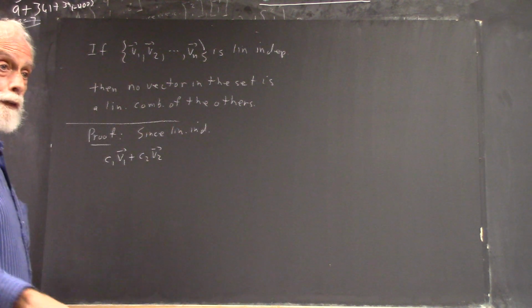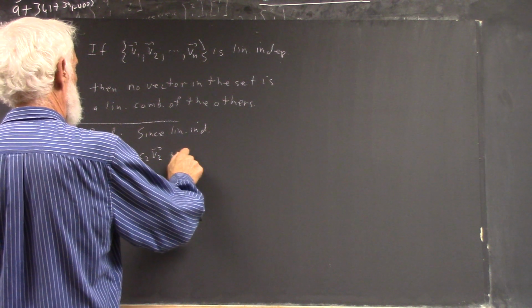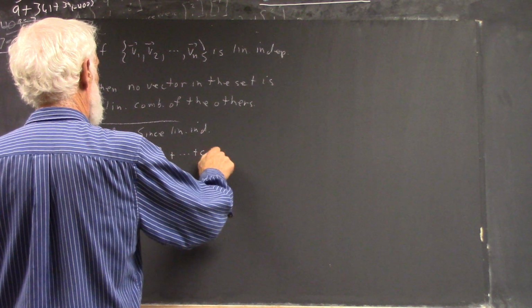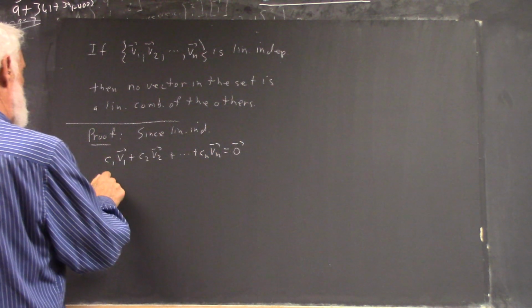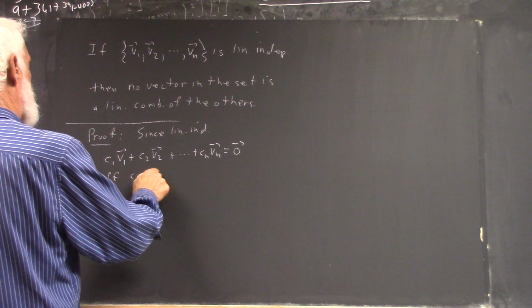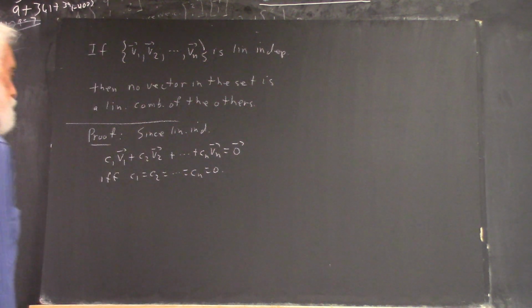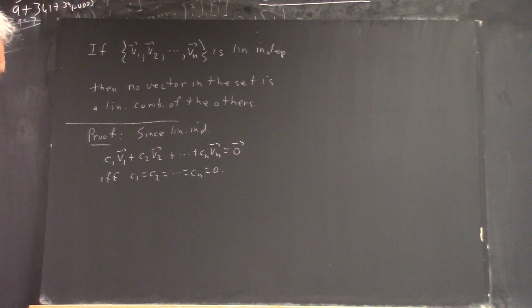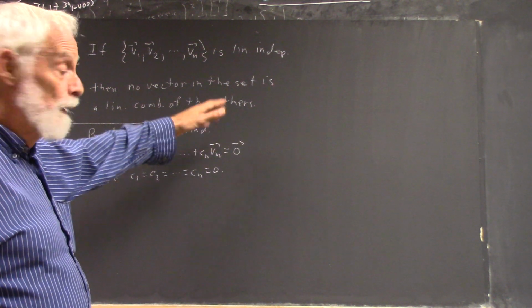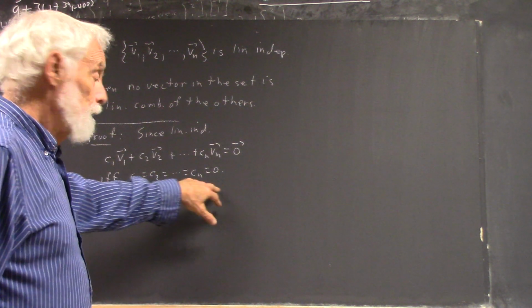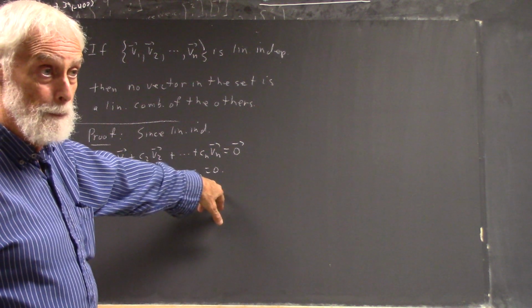And when I type them, they're bold-faced, and we're used to that from your text, okay? Since the vectors are linearly independent, then the sum of multiples, this linear combination of all the vectors, can be 0 if and only if C1 and C2 and so forth, all the C coefficients are 0.